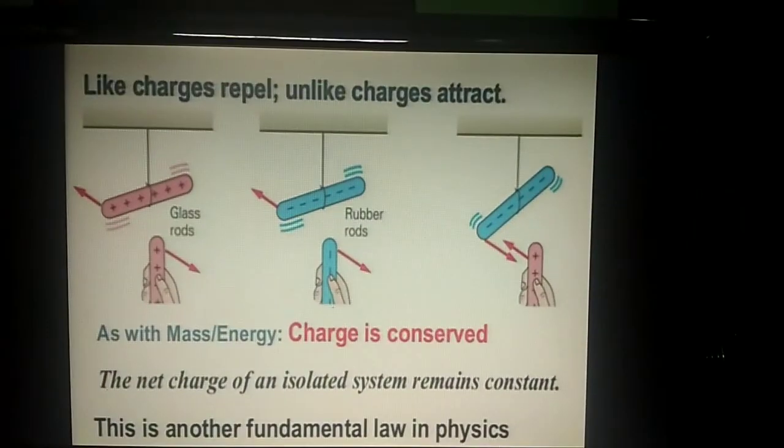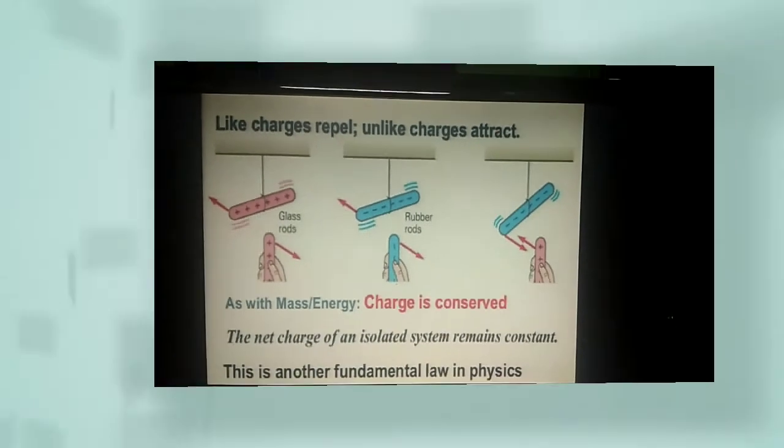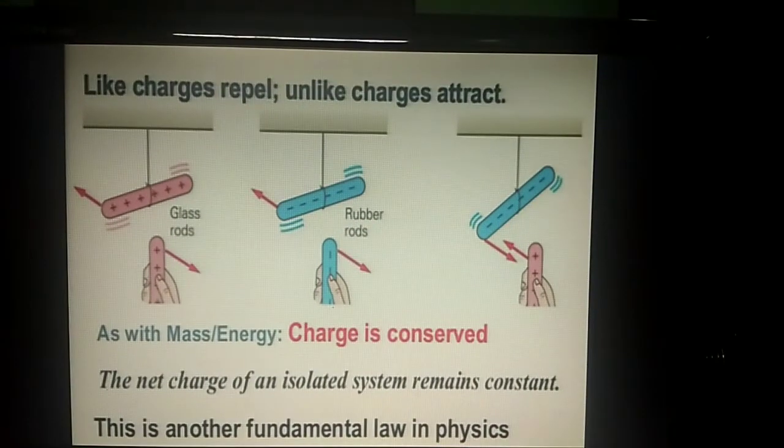Like charges repel and unlike charges attract each other. Repulsion is the surest test for magnetism as well as electricity. The basic principle is that like charges repel and unlike charges attract, whereas for magnetism, like poles repel and unlike poles attract each other.